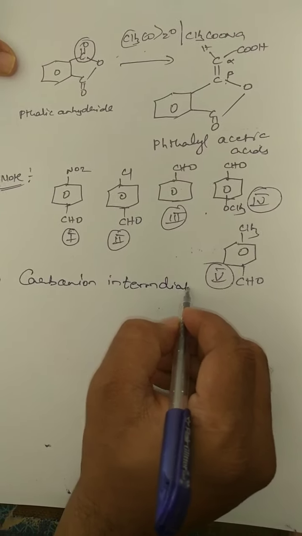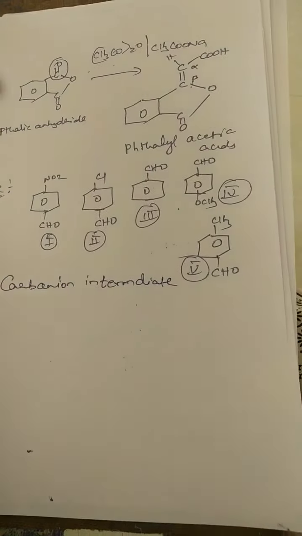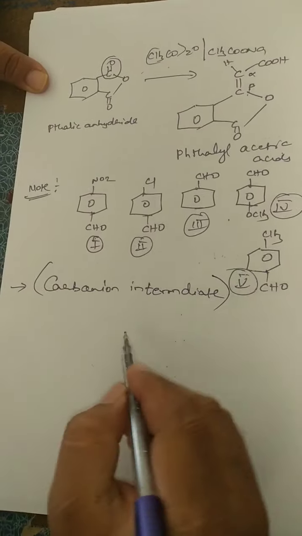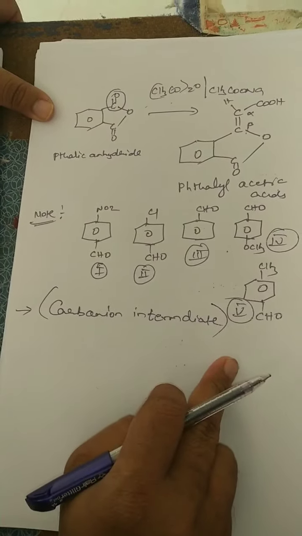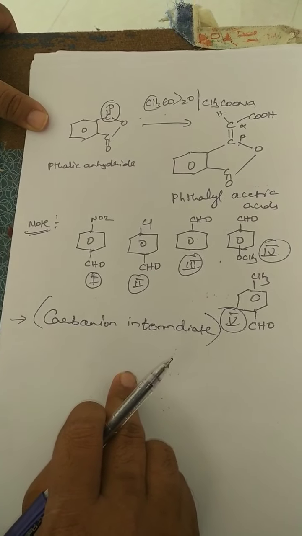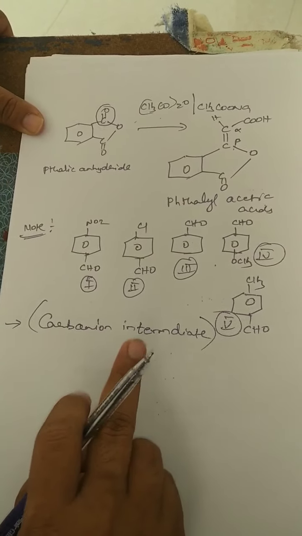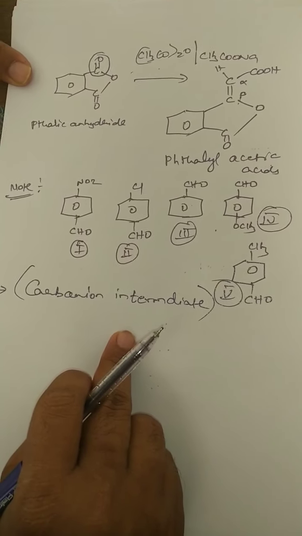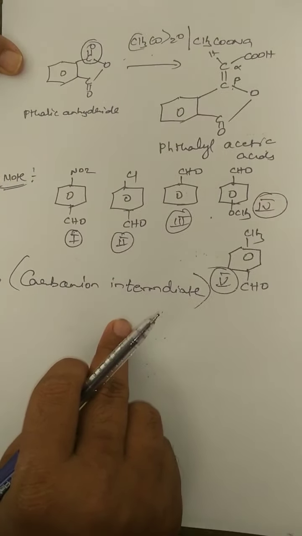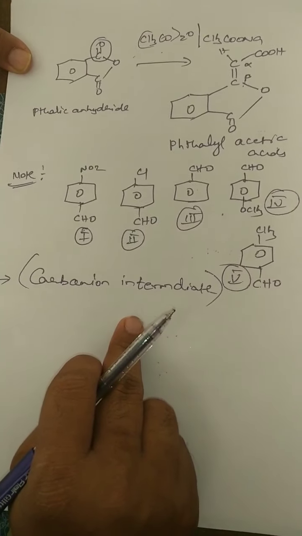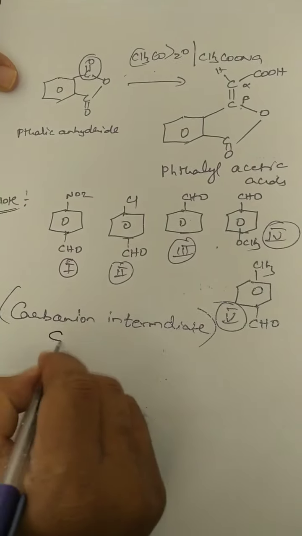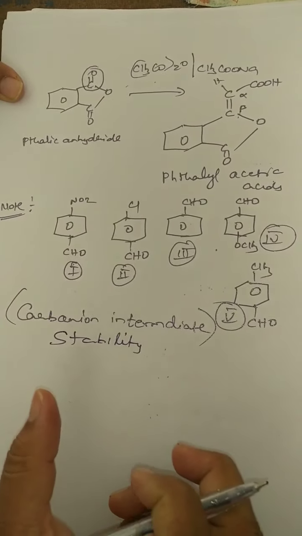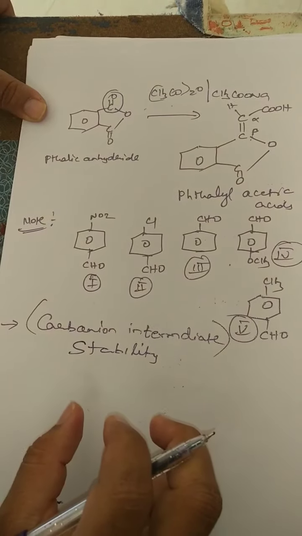The rate of reactivity of any carbonyl compound towards condensation reactions mainly depends upon the stability of the carbanion intermediate. The compound which forms a more stable carbanion intermediate will undergo effective condensation reaction. So depending upon the stability of the carbanion, we can predict the reactivity.